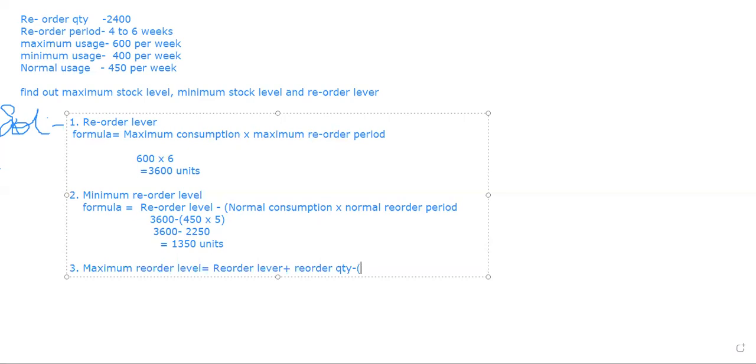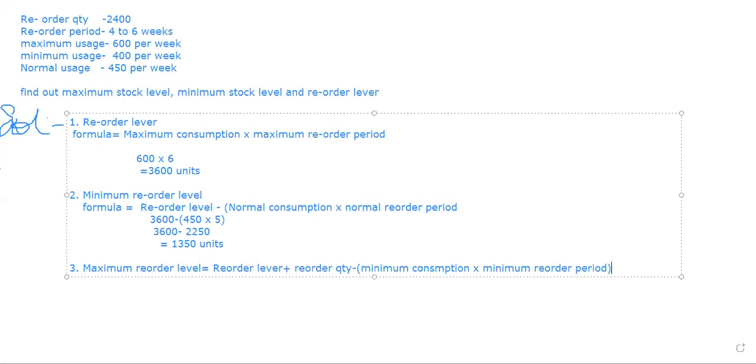So that is minimum consumption into minimum reorder period. So if you observe, the formula is going to be very easy if you learn it by heart.